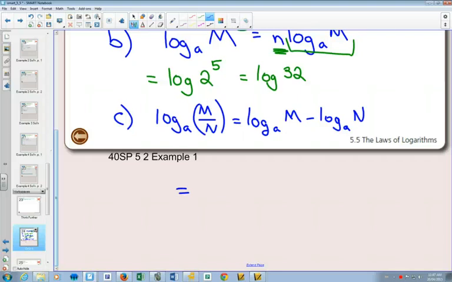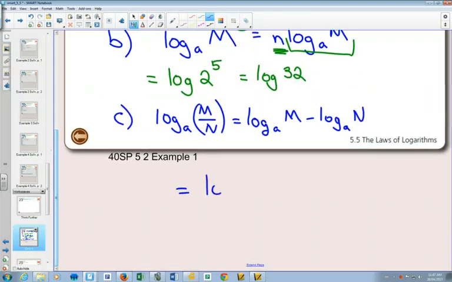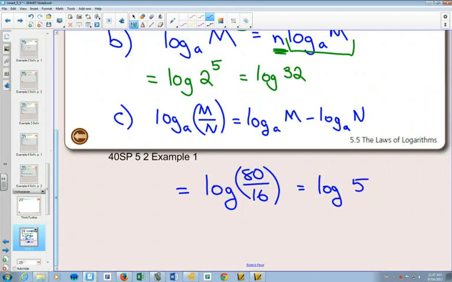So our example of log 80 minus log 16 would be the same as log 80 divided by 16, which, if you simplify that fraction, they divide nicely. It's the same as log 5.